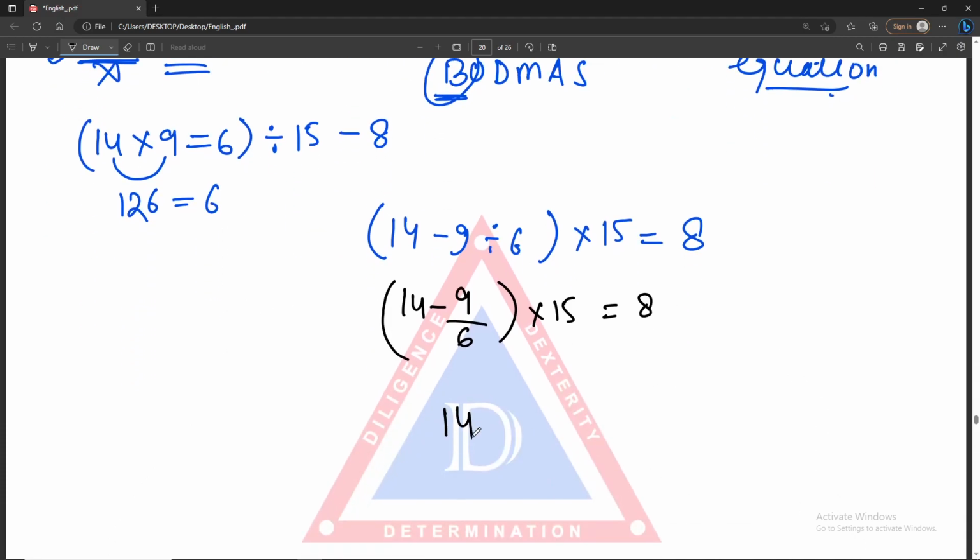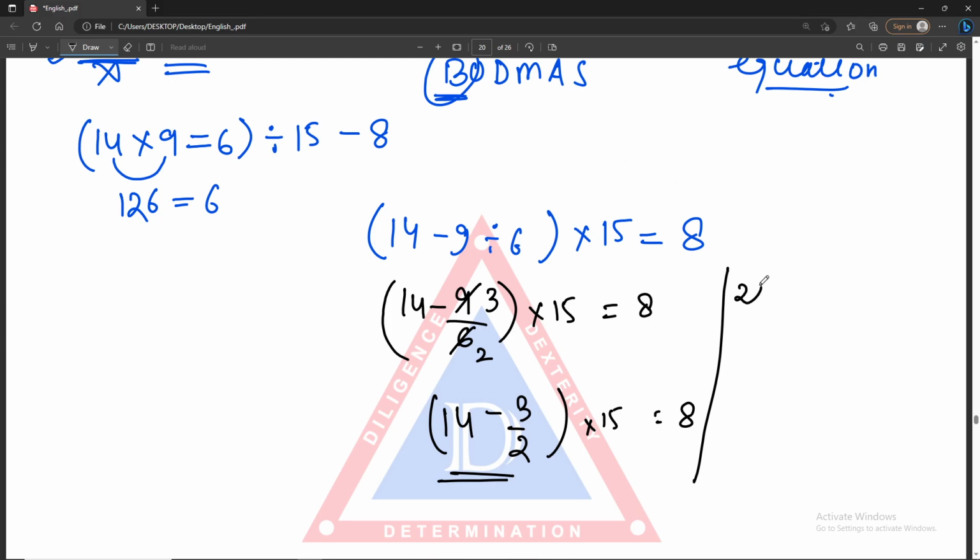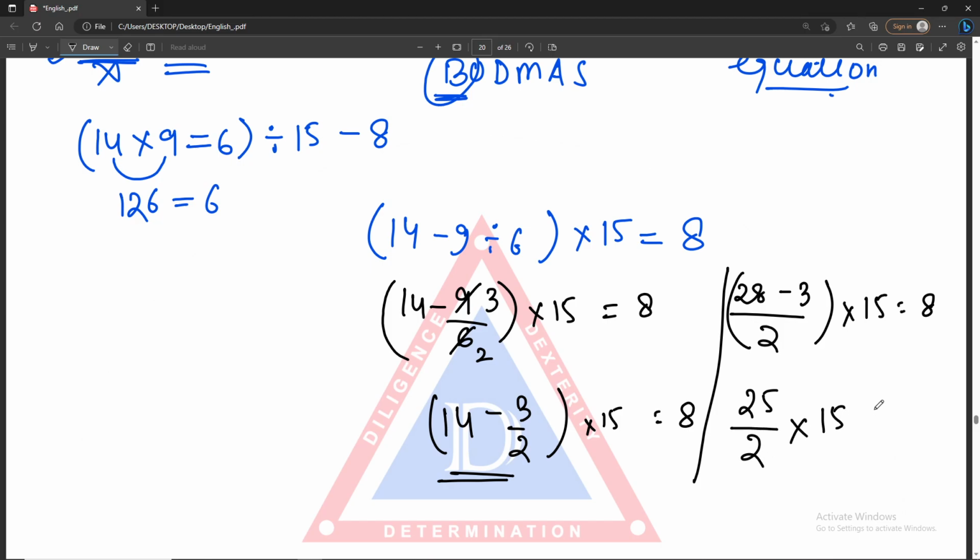You can see 9 by 6 is 3 by 2, so 14 minus 3 by 2 into 15, which is equals to 8. Then we'll take the LCM. The LCM should be 28 minus 3 divided by 2 into 15. 28 minus 3 is 25 divided by 2 multiplied by 15, which is equals to 8.